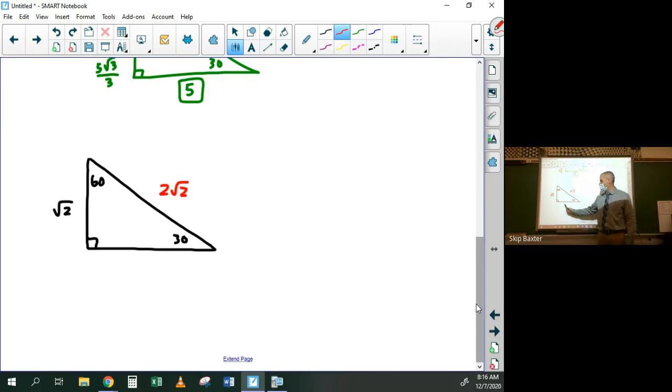And for the long leg, you take the short leg times radical 3. This is going to be radical 2 times radical 3, which is radical 6. But you can see I still used the shortcuts. I took the short leg and doubled it to get this, and I took the short leg and multiplied it by radical 3 to get this. Does that make sense?